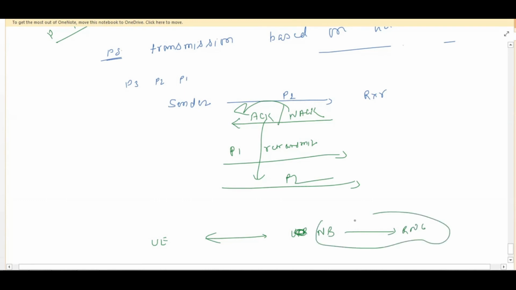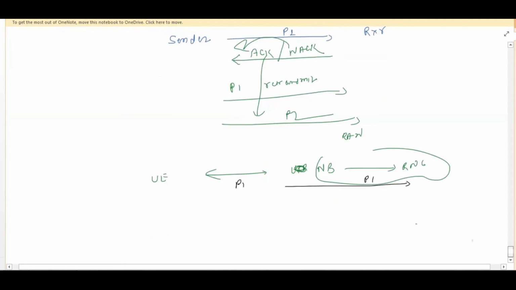That is called the RAN. If you are transmitting any information to the RAN, first the mobile transmits packet 1 to Node B, then packet 1 goes from Node B to RNC, then the RNC has to send the acknowledgement, positive or negative, to Node B. Then Node B will send the acknowledgement to the UE.